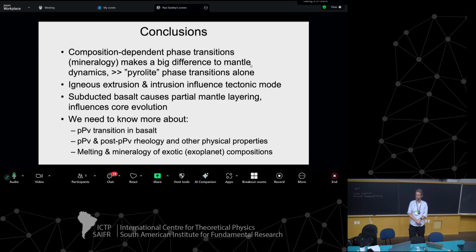Is that a good way to think about it, or should I not have that idea? That is, there's a lot more overturning of the mantle in the top 600 kilometers than overturning of the whole mantle.